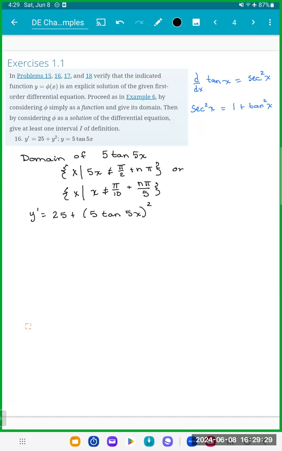This actually gives me 25 plus 5 squared, which is 25, times tangent squared of 5x. We can factor a 25 out of both of those terms, so we have 25 times 1 plus tangent squared of 5x.